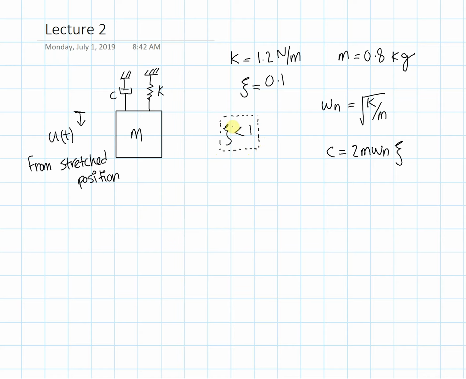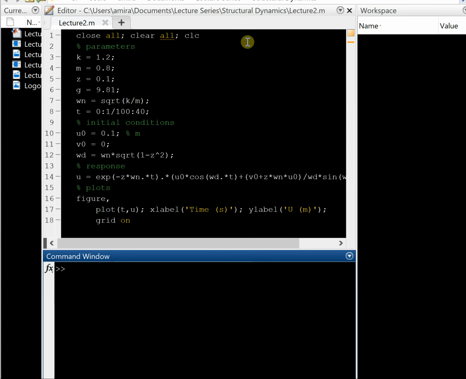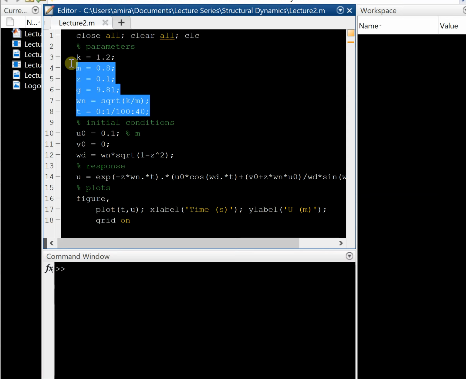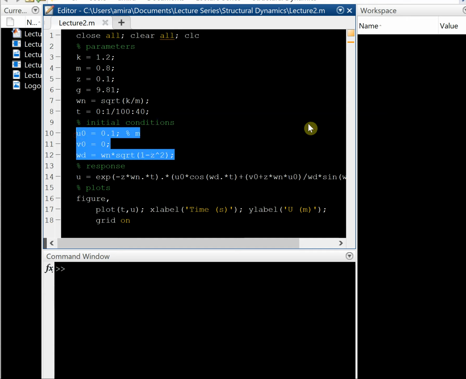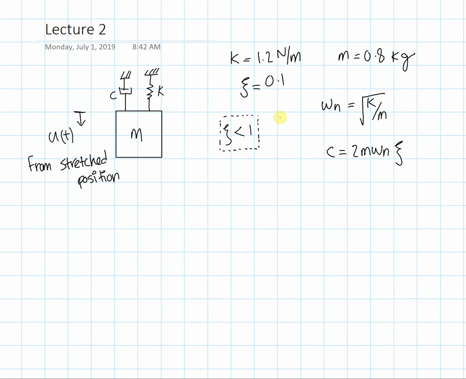Now I'm going to pull MATLAB open and show you what I've done. Alright, this is what I have. I've plugged in my parameters and the initial conditions. Something I forgot to mention is that the initial condition for this question is the following: u naught is equal to 0.1 meter and v naught is equal to 0.